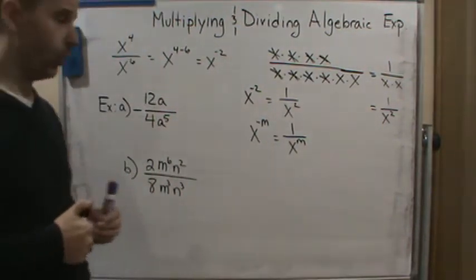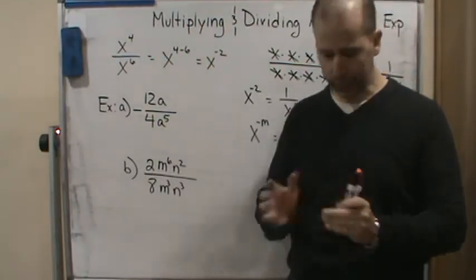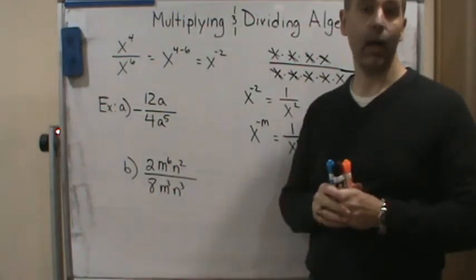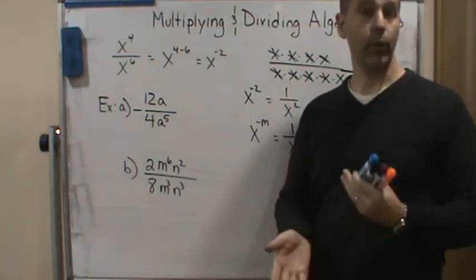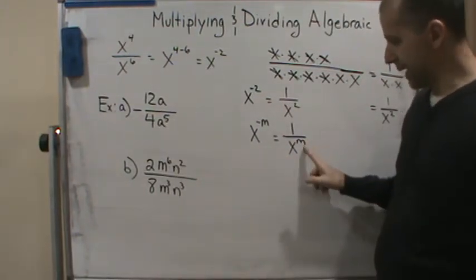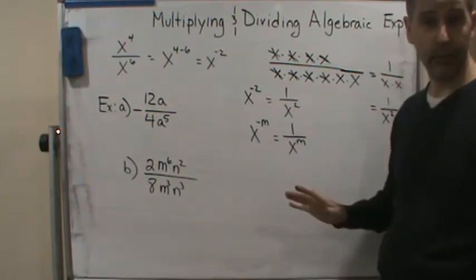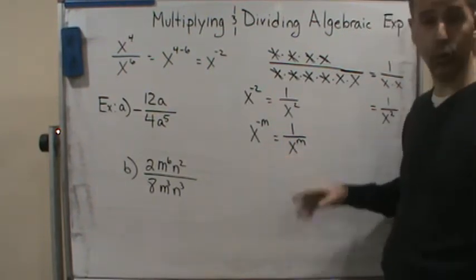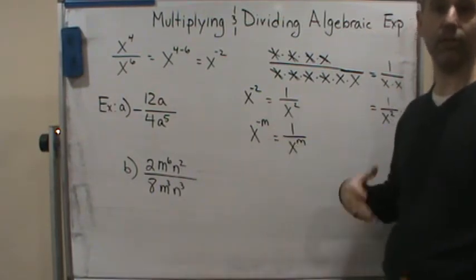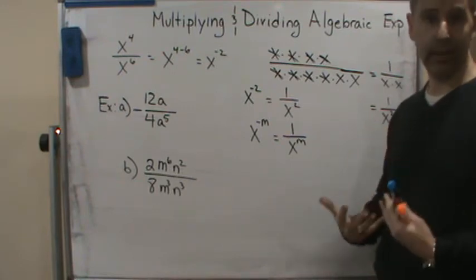Now, one thing you always want to make sure of, if you're asked to simplify an algebraic expression, is that one of the things we don't want to see is negative exponents. So we always want to use this rule to help us get positive exponents. We don't want to have negatives anywhere. That's where this rule is going to come in handy: we're going to use it to make sure that we don't have any negative exponents in our final answer.